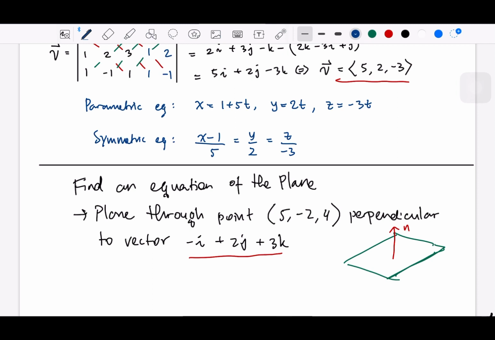So usually n we take with terms a, b, c, and in our case this is negative 1, 2, and 3.